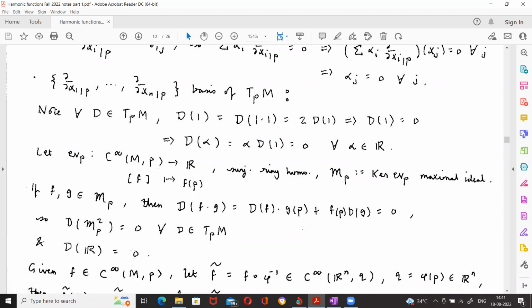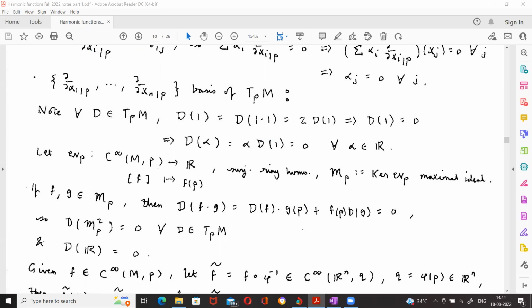Now the idea is, given any smooth function near P, what I want to do is use its second order Taylor approximation near P, right? So it should be what? It should be a constant f of P plus a first order term that would be the derivative, and then there would be a second order term.